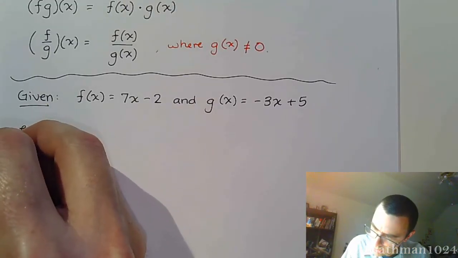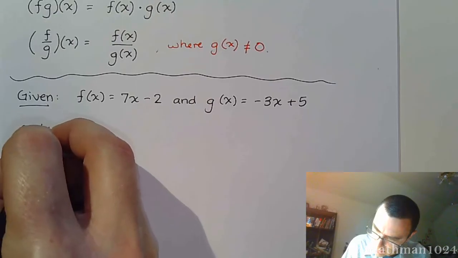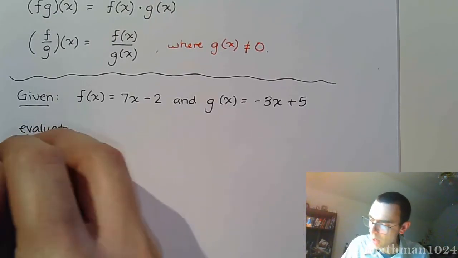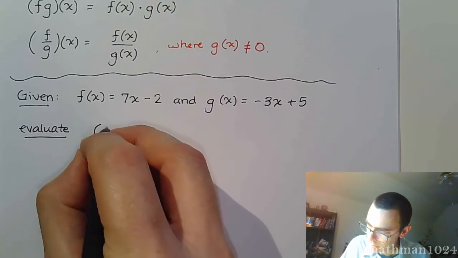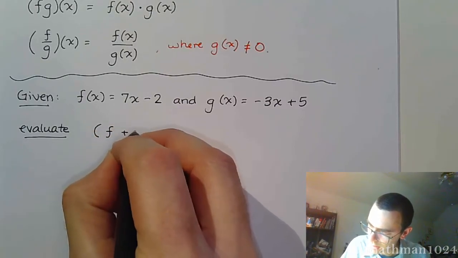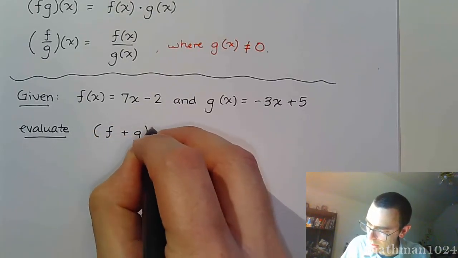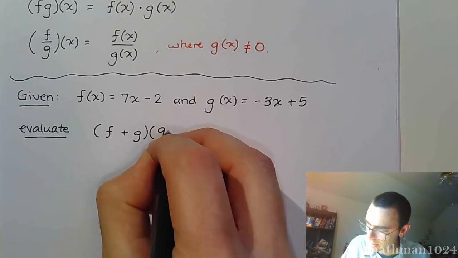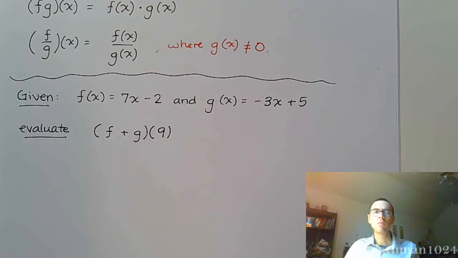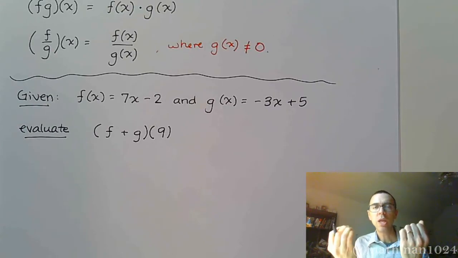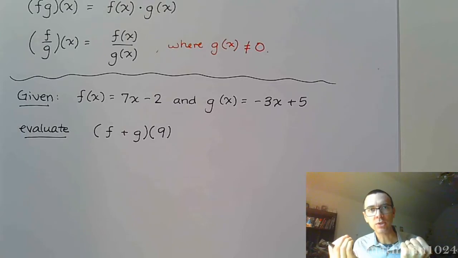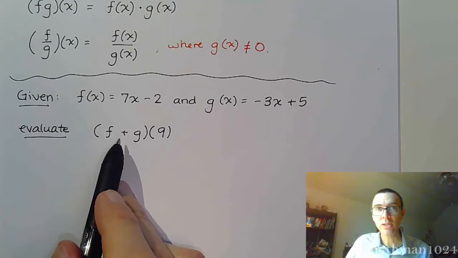I want you to evaluate (f + g)(9). So (f + g)(9) means that you're going to take that input value of 9, you're going to plug it into both f and g, do that separately, and once you're done, you're going to take those results and add them, because that's what this says.